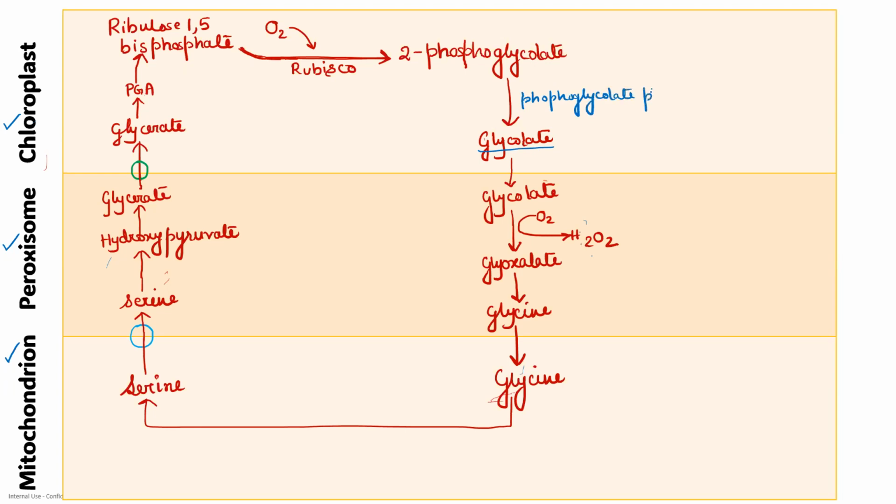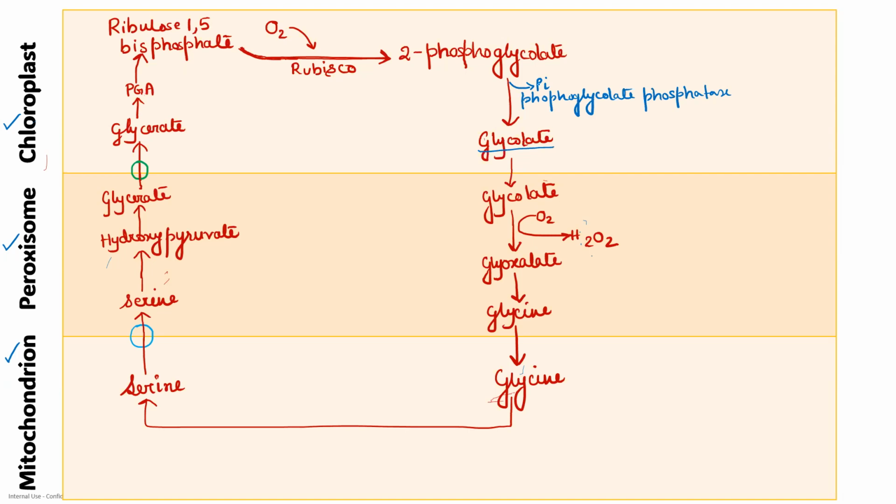What is happening here? Inorganic phosphate goes out and phosphoglycolate phosphatase forms glycolate from phosphoglycolate.